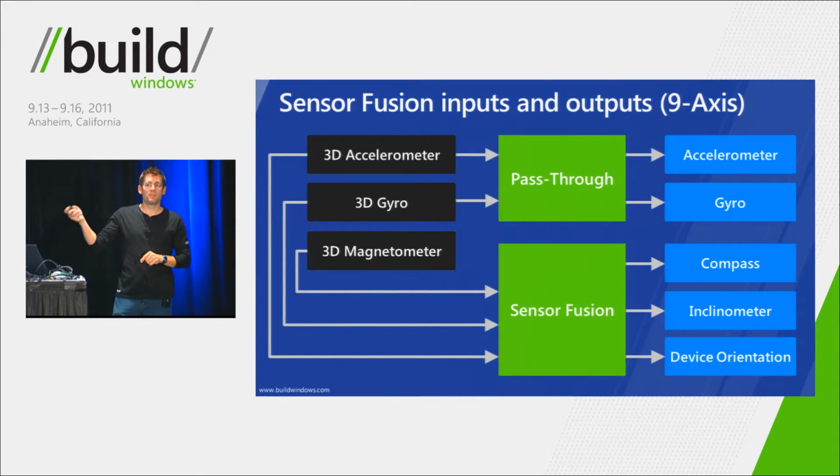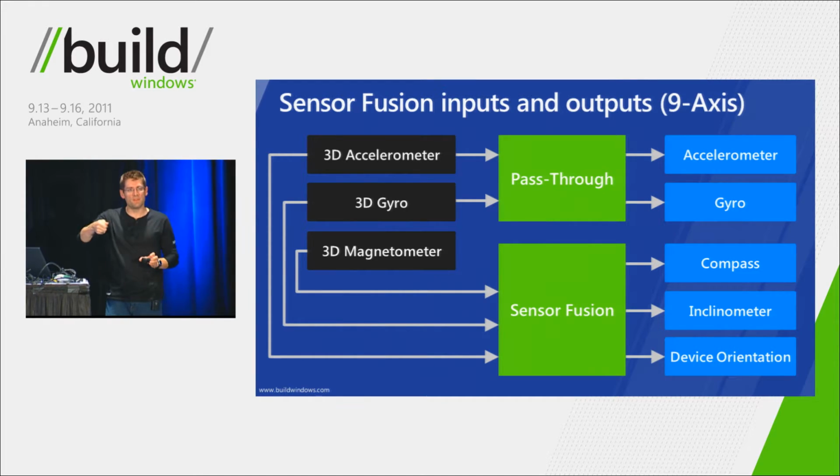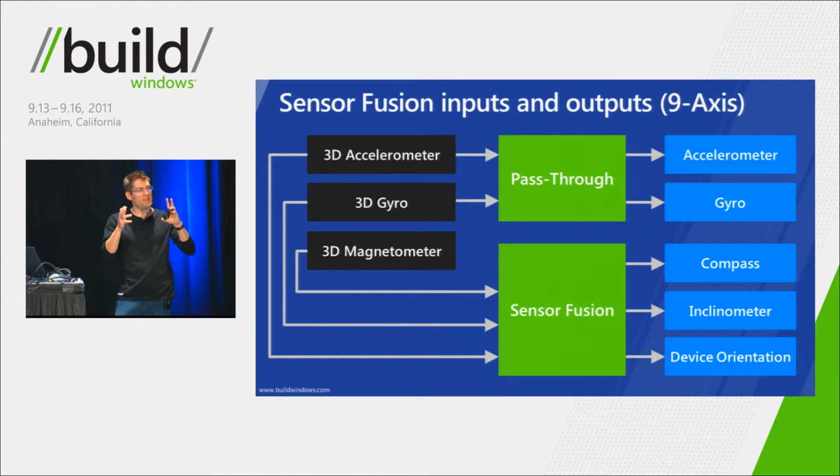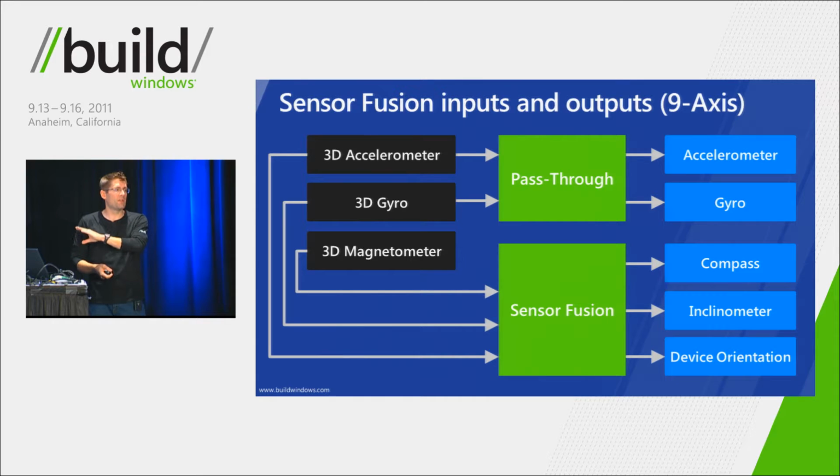This is a tilt-compensated compass that your app can use to always know where north is, regardless of how the device is being held. The inclinometer gives you the yaw, pitch, and roll angles, if you think of an airplane, rotations around the X, Y, and Z axes that represents the device's orientation in 3 space. We saw an example of using yaw in the Metro steering wheel app.